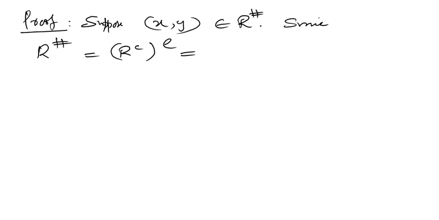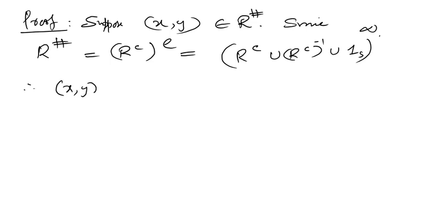What's RCE? It's equal to RC union RC inverse union the identity relation on S, power infinity. So therefore the pair XY is in RC union RC inverse union the identity relation on X, power infinity.